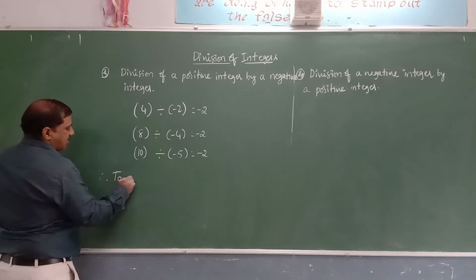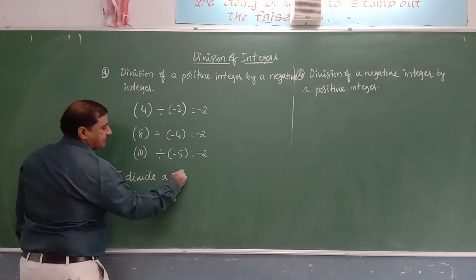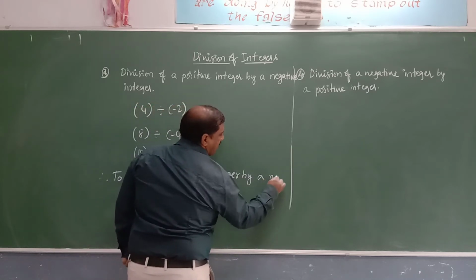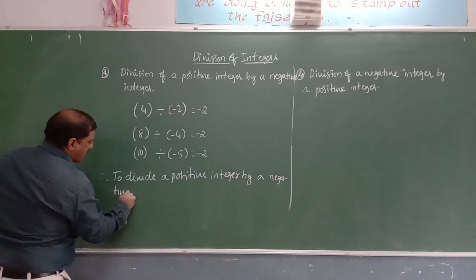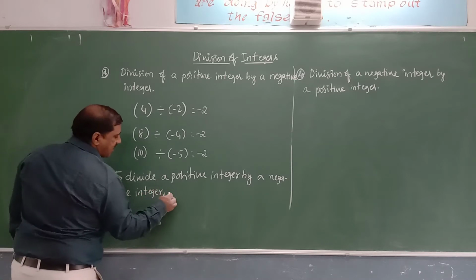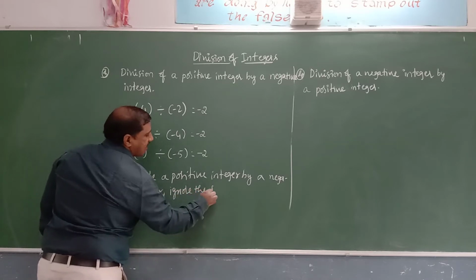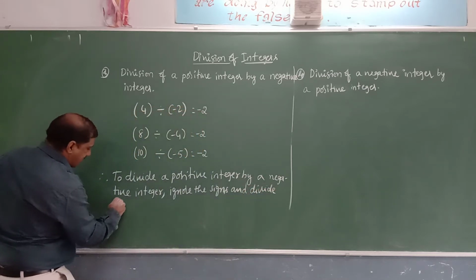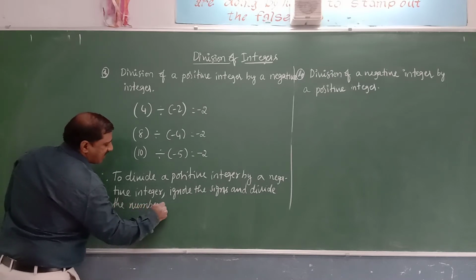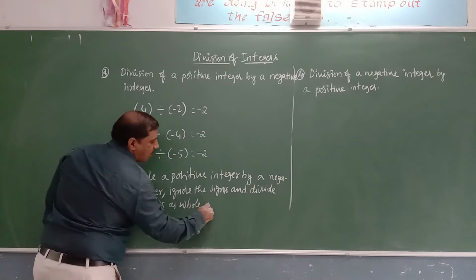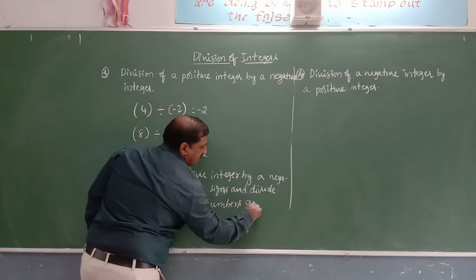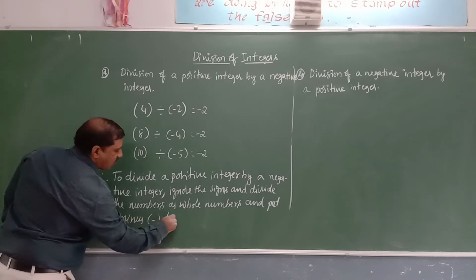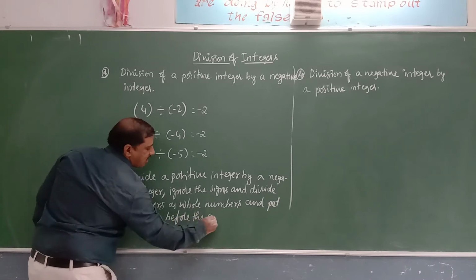Therefore, to divide a positive integer by a negative integer, ignore the signs and divide the numbers as whole numbers and put the minus sign before the quotient, or result.